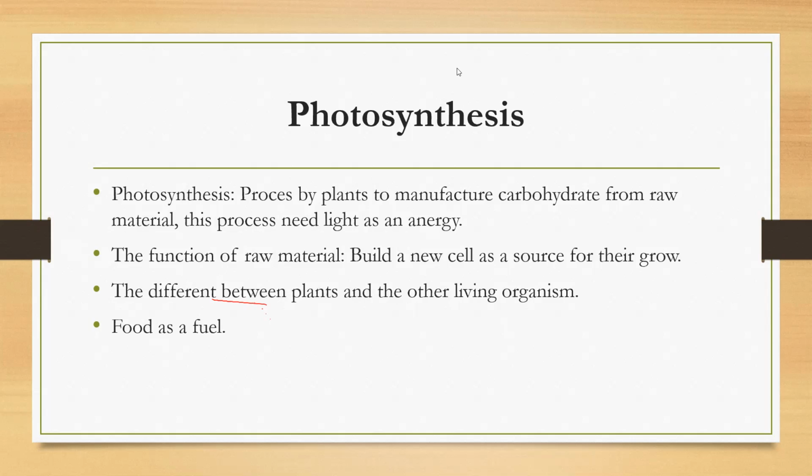Light from the sun has something like UV and so on. But if we change it with a lamp that has the same function, with UV and so on, it can also help plants to photosynthesize.